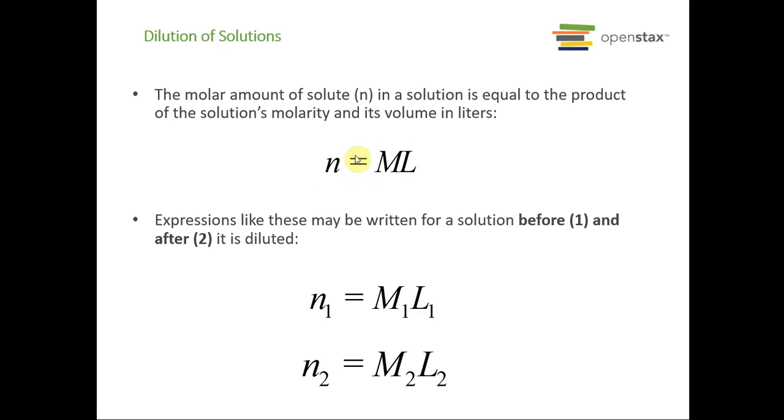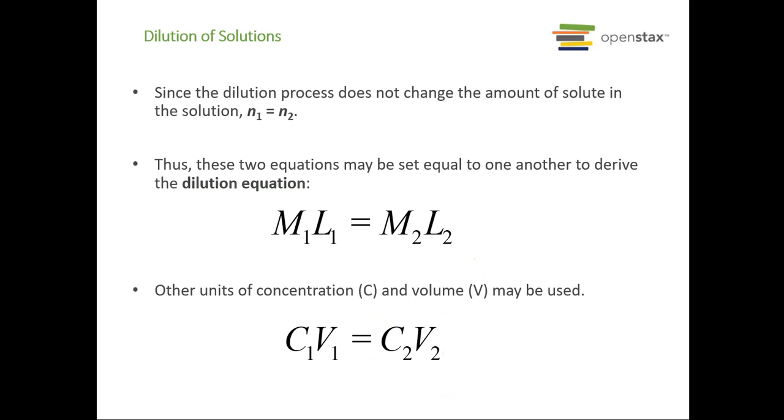In this case, this is molarity. And if you have case number 1 and case number 2, in the case of dilution, N1 and N2 are the same, and the first concentration times the first volume is going to equal the second concentration times the second volume. And that's the dilution equation, expressed here as C1V1 equals C2V2.